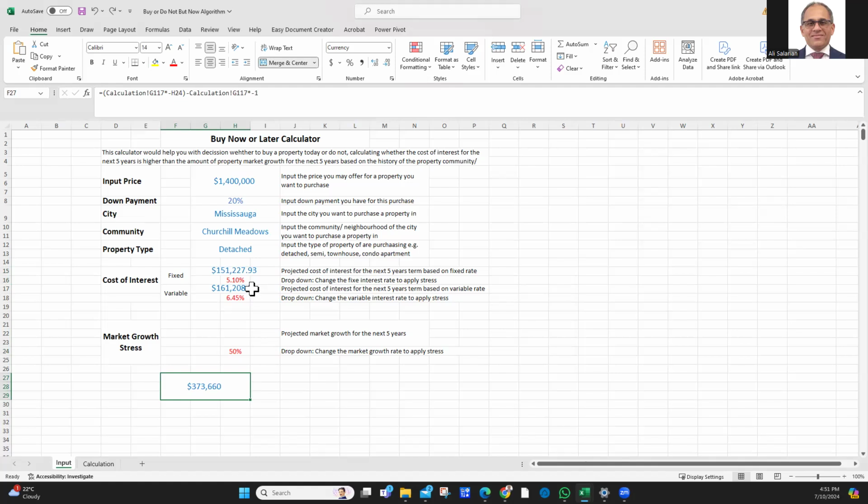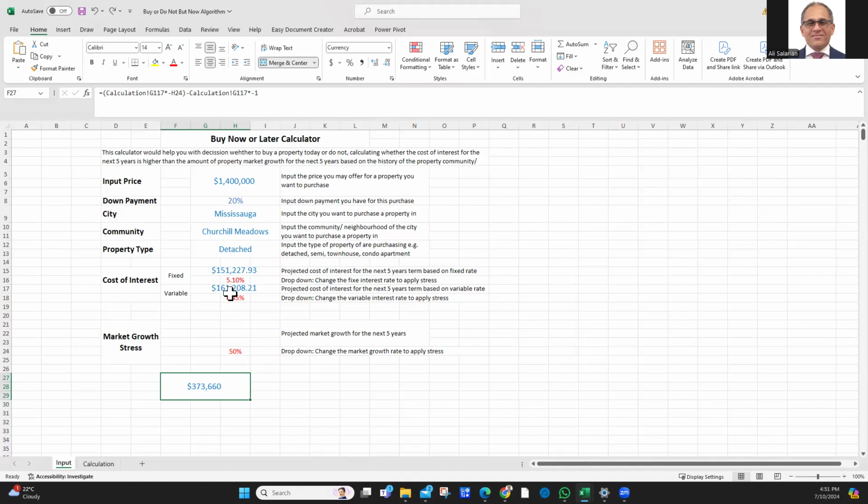In comparison, the projection of the interest rate you pay on a reduced basis for the next 5 years is between 151 and 161 thousand, whether you choose fixed or variable.